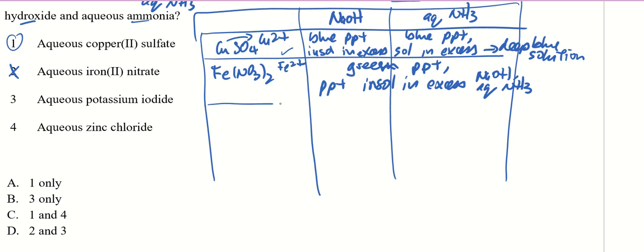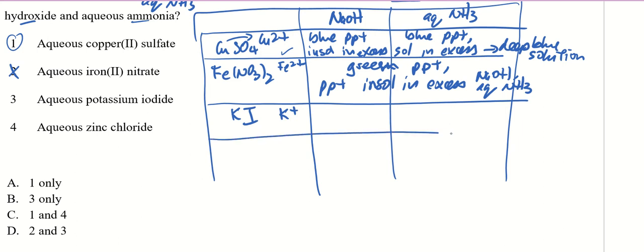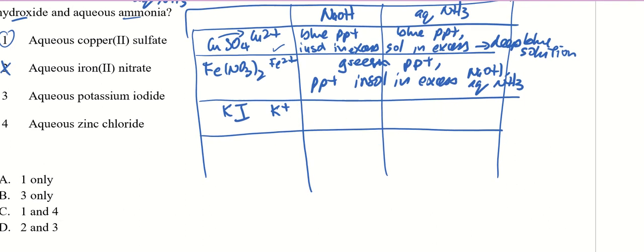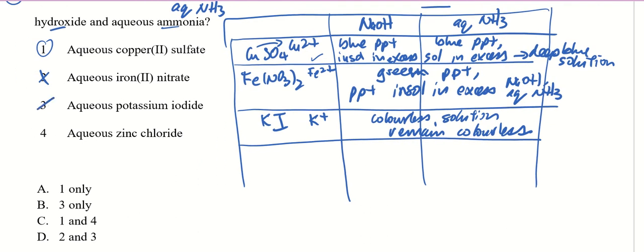Okay, now KI simply has the K plus ion, and in both situations of sodium hydroxide and aqueous ammonia, we will get no observations, which means in both cases the colorless solution will remain colorless, which means we will not be able to differentiate between the two, sodium hydroxide and aqueous ammonia. Okay, now let's see, that means 3 is out.